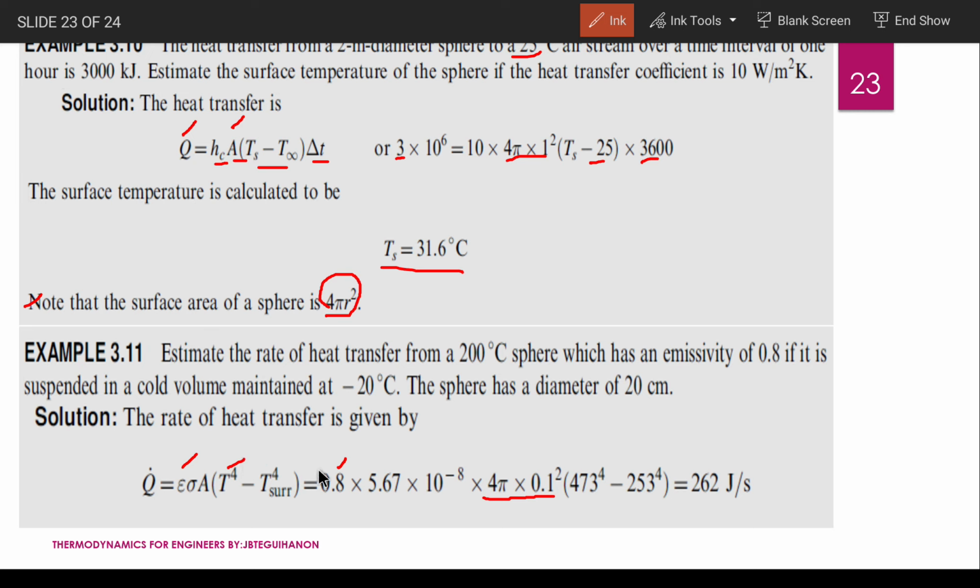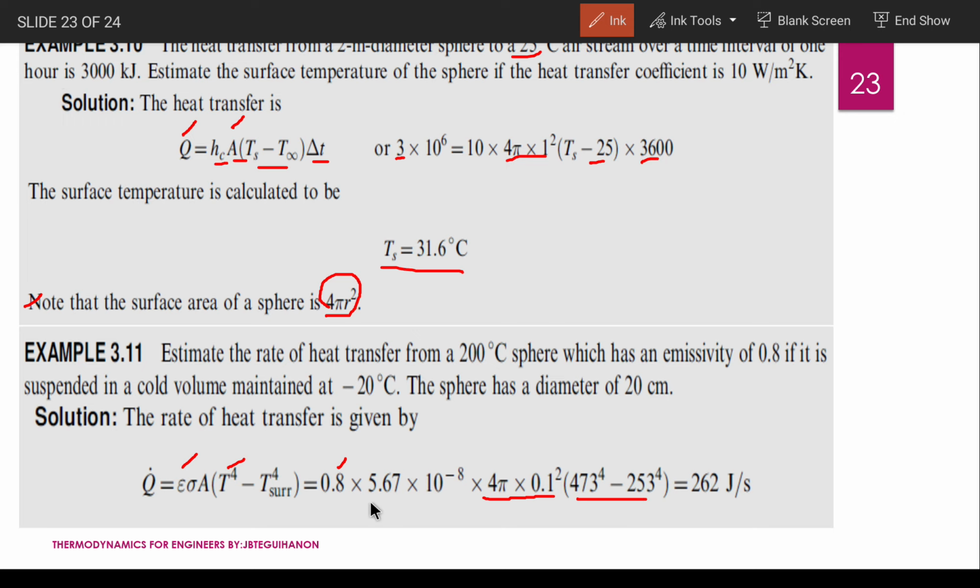Nag plus 273. Tapos, i-raise mo kasi yan to the fourth. Kaya dapat mag-absolute ka muna bago ka mag-perform ng power calculation. Tapos, pag nakuha mo na yan, saka mo ngayon yung minus.